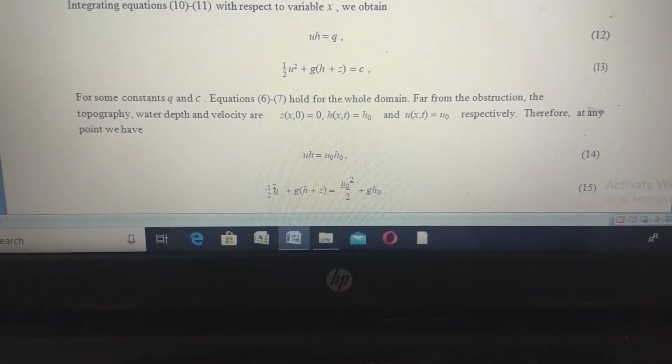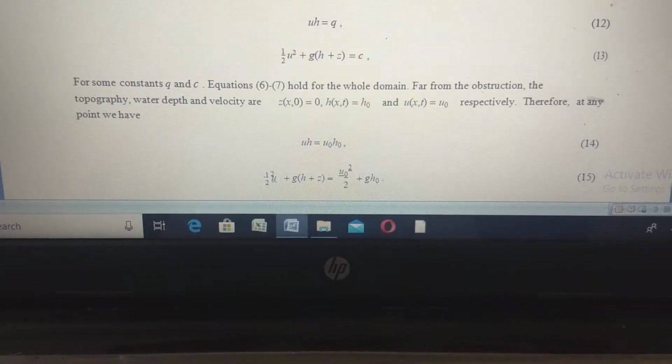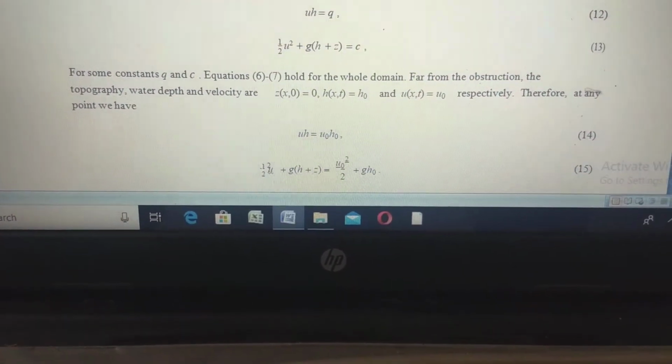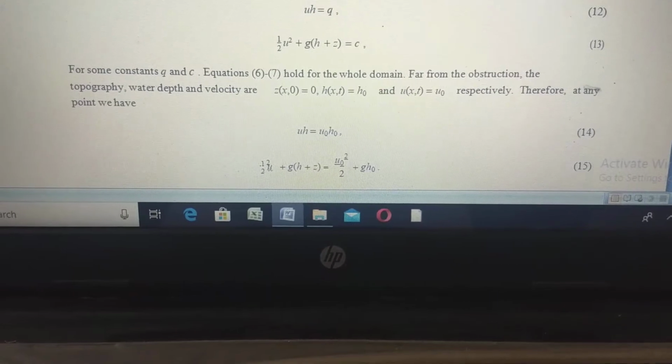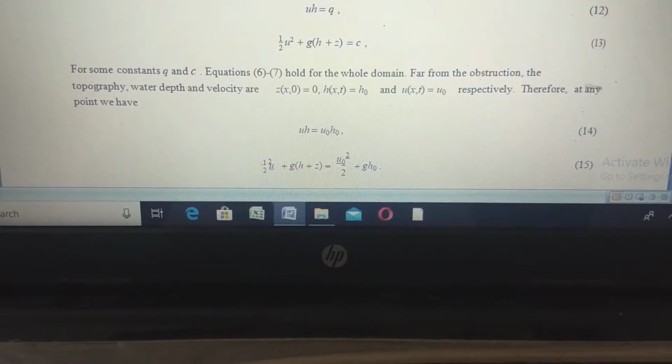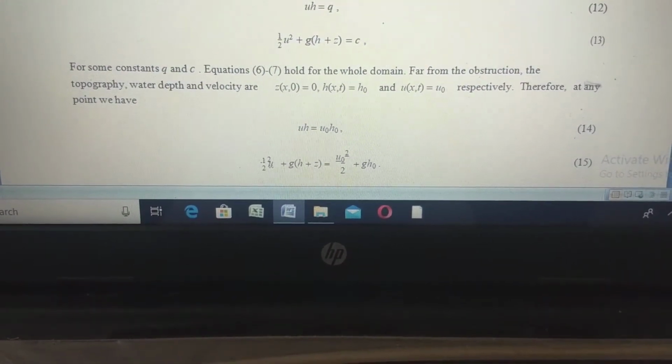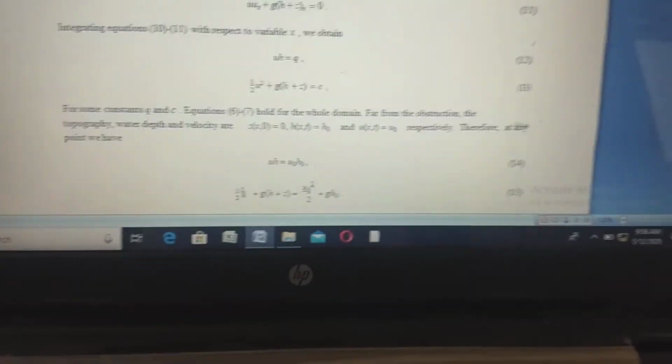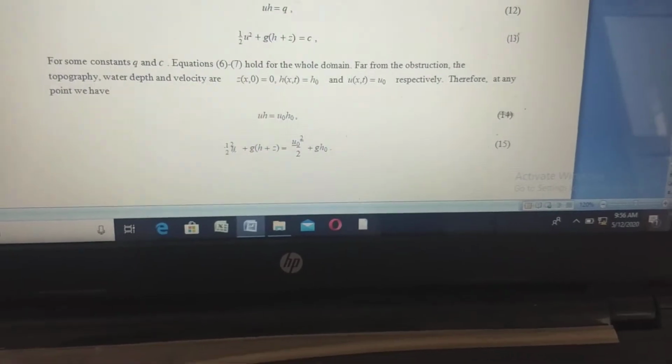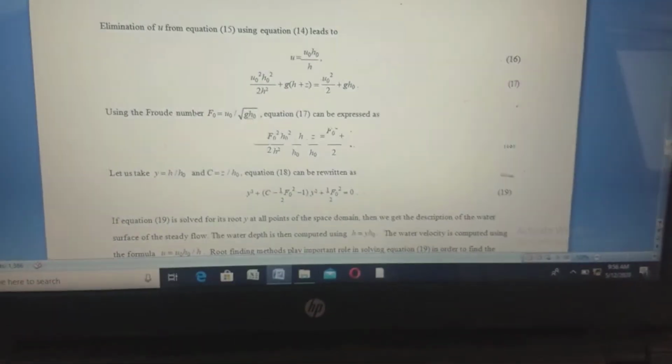Therefore at any point we have uh equal to u naught h naught, 1 by 2 u square plus g of h plus z equal to u naught squared by 2 plus g h naught. Using this we go for the further calculations.